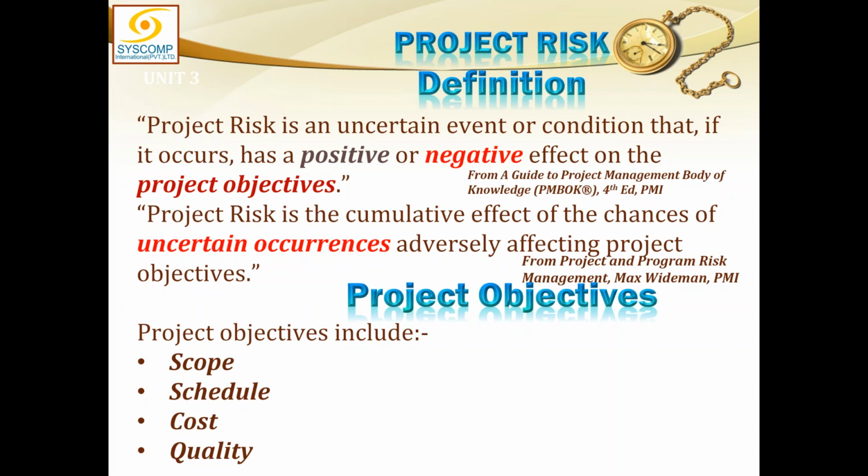So uncertain occurrences from the past which could affect adversely or positively. Okay, the second definition is taken from another book by Max Weidman. The book is Project and Program Risk Management, and interestingly, this book was published by PMI, specially requesting Max Weidman to write on this topic before the practice standard was released.